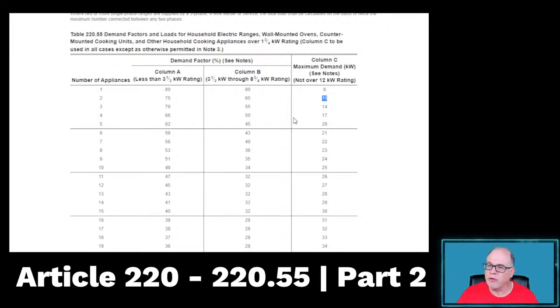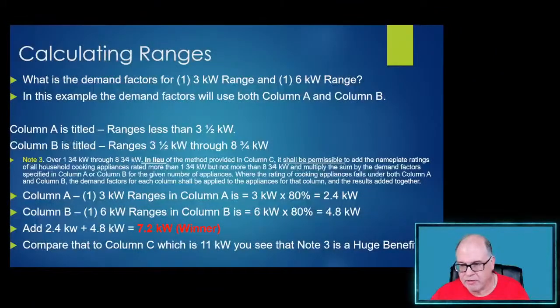So we're going to see whether the combination of column A and column B gives us a better value than column C. And we're going to compare the two. Now, how do we get to do this? Again, that note 3 gives us the ability to do that. Okay? All right, so let's kind of see what we get. And let's go back to our calculation. All right, so under column A, we had 3 kW. And so 3 times 80% is 2.4 kW.